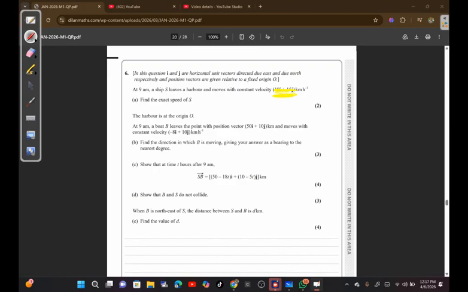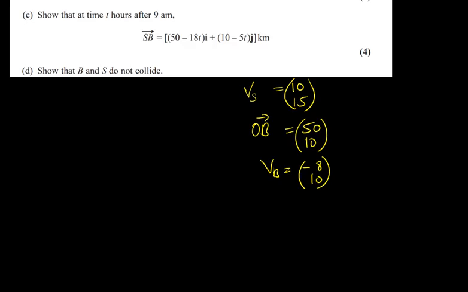Right, now any other information? I think we are good to go to get SB. Now show that at time t hours after 9 a.m., SB is given by that. So we will need to get SB t hours after 9 a.m., which is OB minus OS.